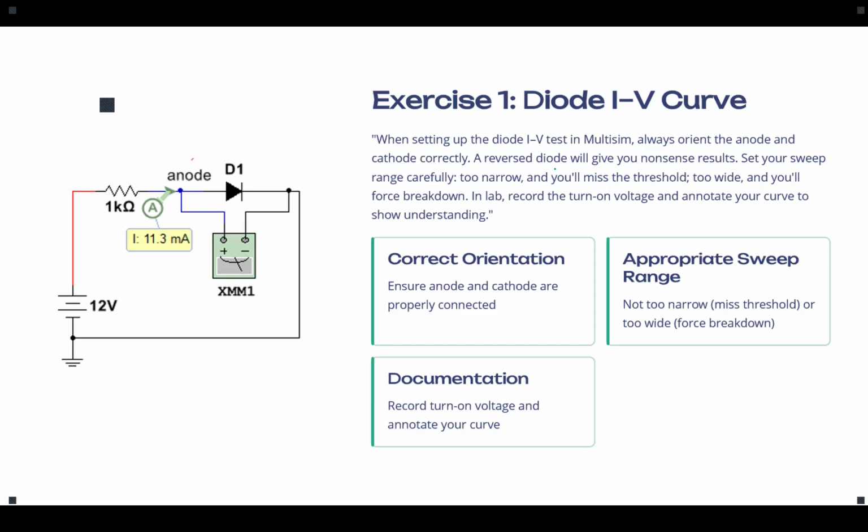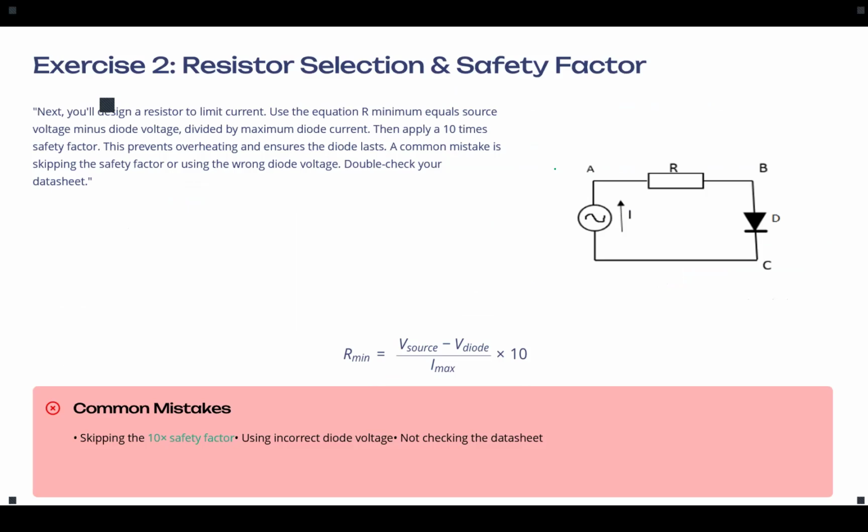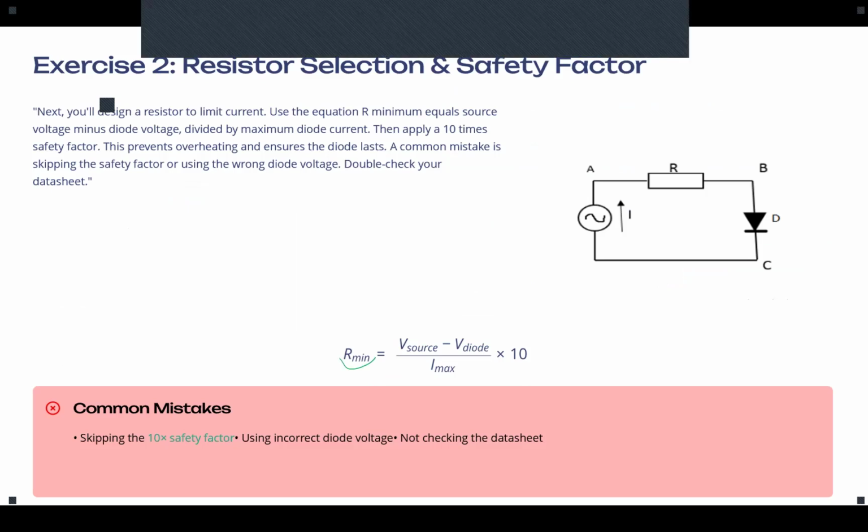You already did that in circuit lab, so it's basically a reminder. You need to calculate the minimum resistor so that you're not burning out your diode. Is it multiplied by 10? Yes, this is the safety factor of 10 as a scaling factor.